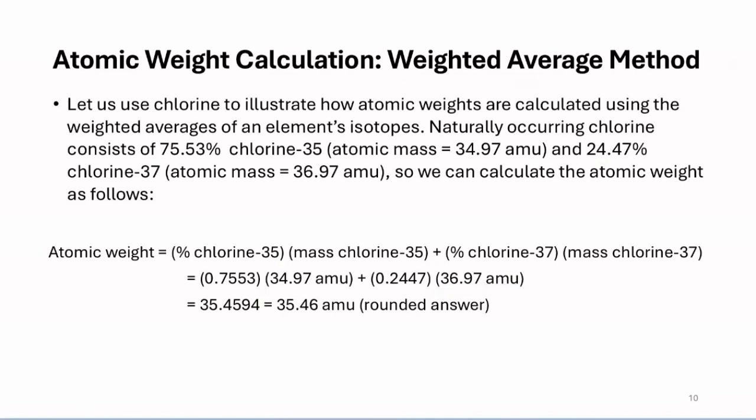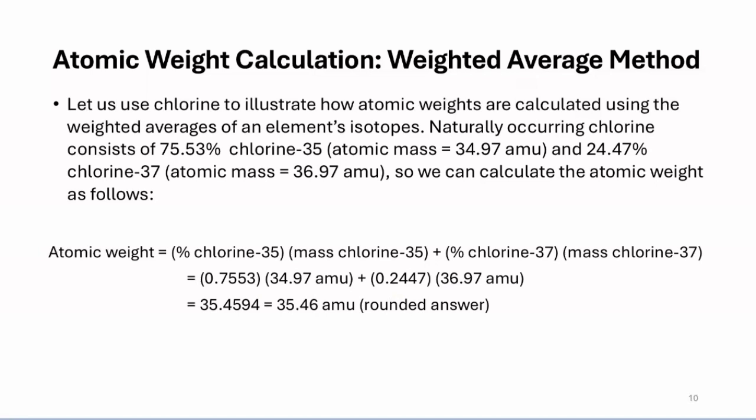That's why it is called the weighted average method, because we take into account the percent abundance and the mass of each isotope and add them sequentially for all the different isotopes, always by taking percent abundance and multiplying it by the mass of the isotope.